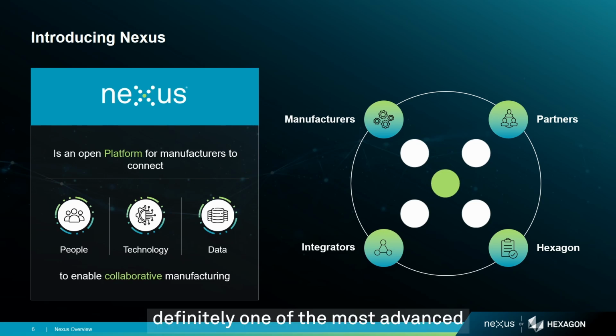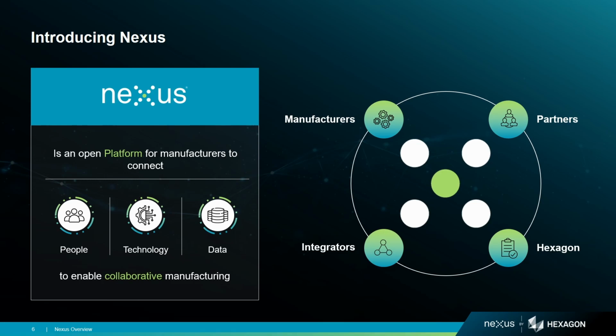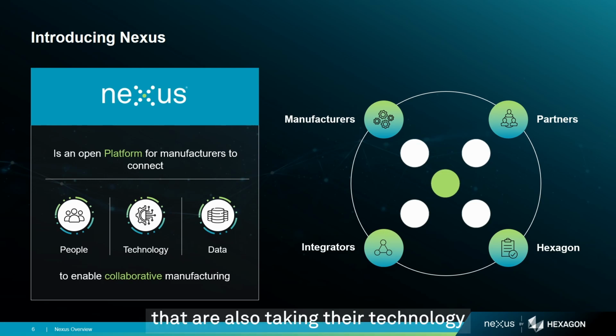Yes, Hexagon is definitely one of the constituents of this ecosystem, if you will. We are the first ones to take this platform and build some new applications and solutions to bring them to the market. At the same time, we're working closely with our partners. We're looking to build a system of partners that are also taking their technologies and connecting with Nexus. We're working with system integrators that can take Nexus into new dimensions, into new industries.